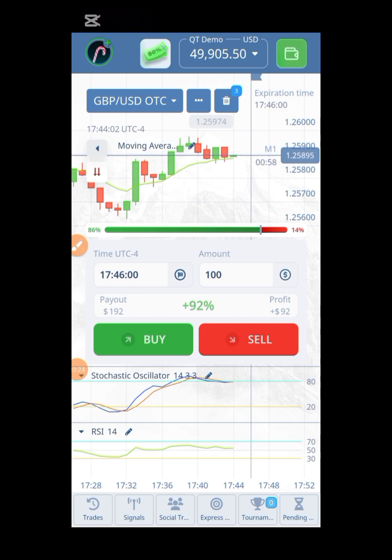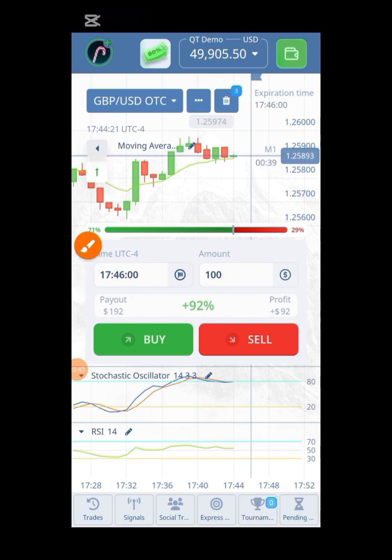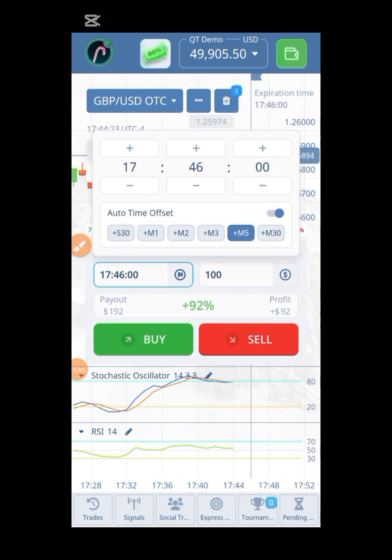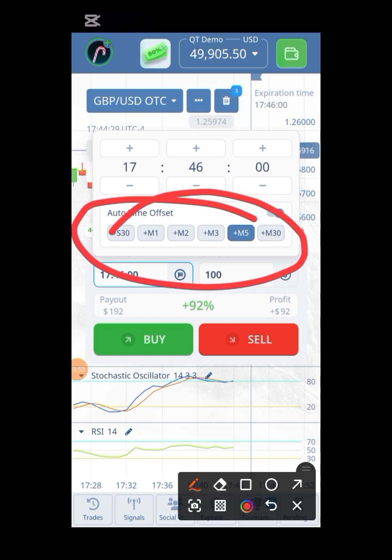So this is a signal that gives you the forex pairs for the trade. Now the next one is for you to select your time, and then the amount, which is very important. You enter the time here. Always make sure that your time is 5 minutes, which is M5.